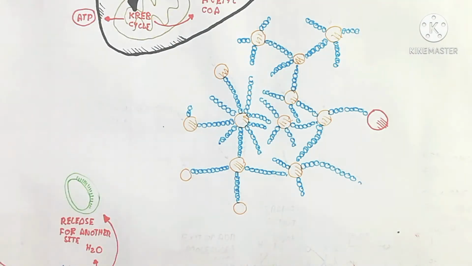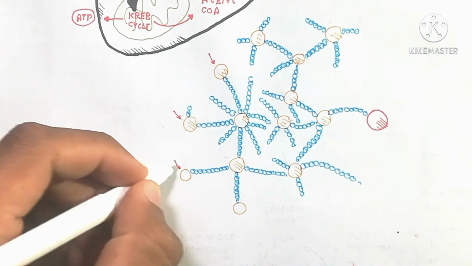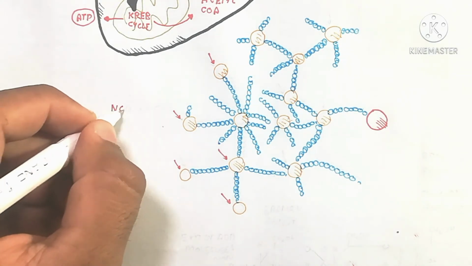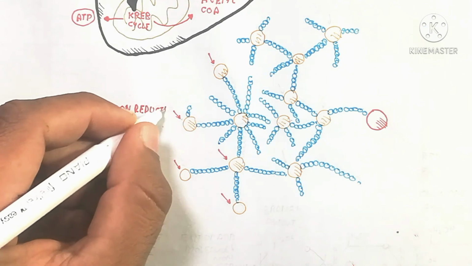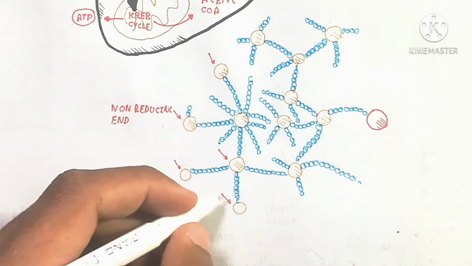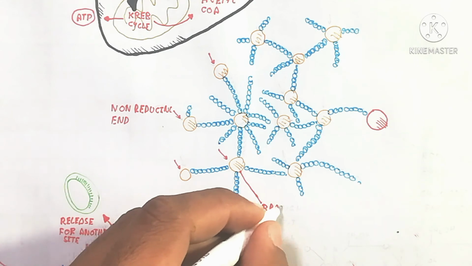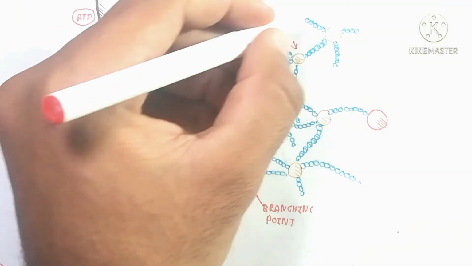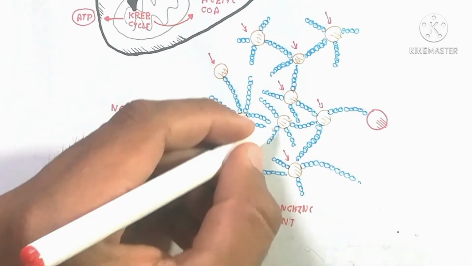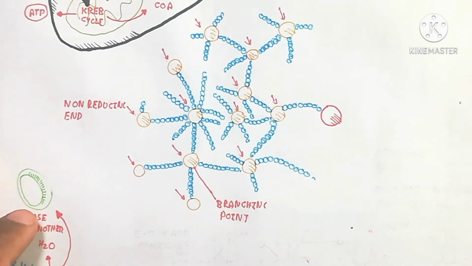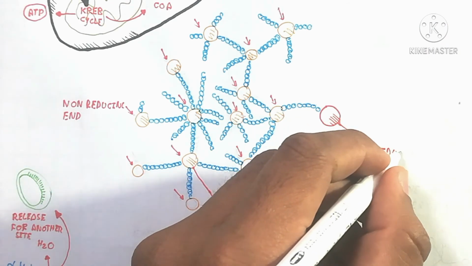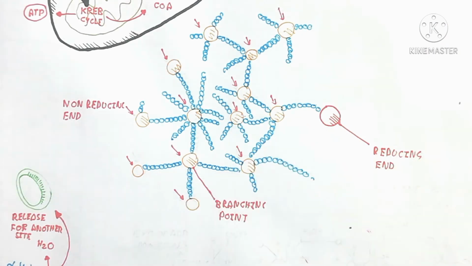Here is the non-reducing end. Non-reducing end means more glucose can be added. And one is the reducing end. It is the initial phase. At the beginning of glycogenesis, the one reducing end will be formed.